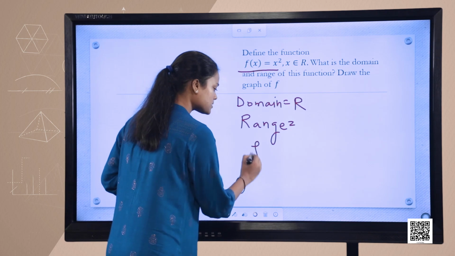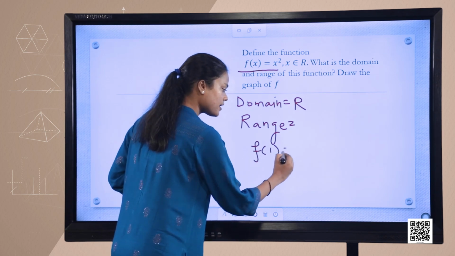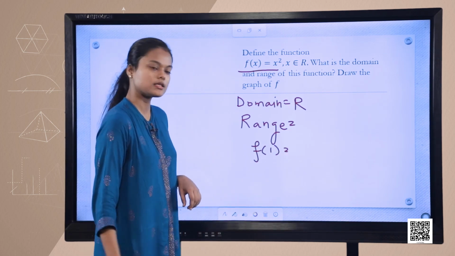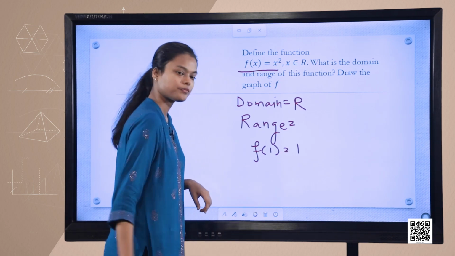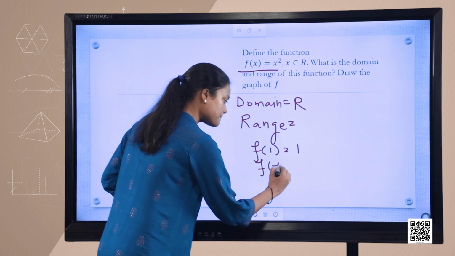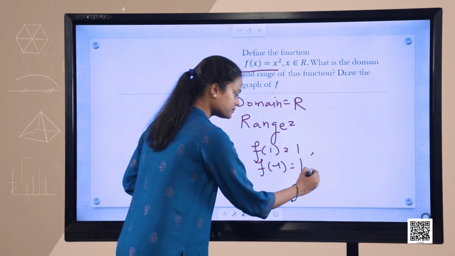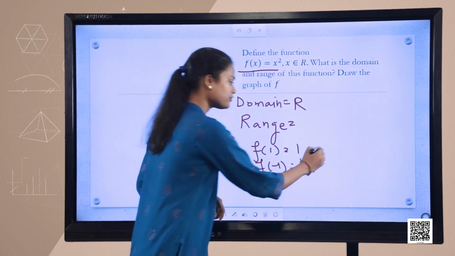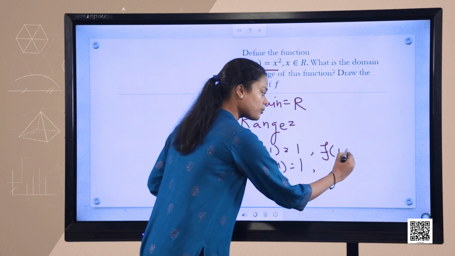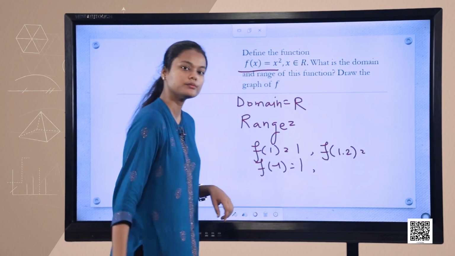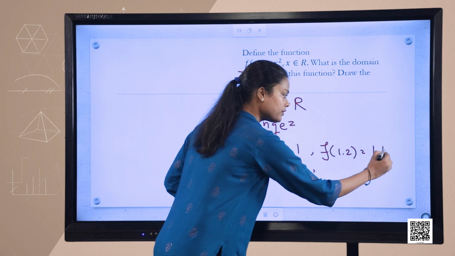So let us put some values in it. If I put 1, f of 1 is equal to 1. f of -1 is also 1. f of 1.2 is equal to 1.44.